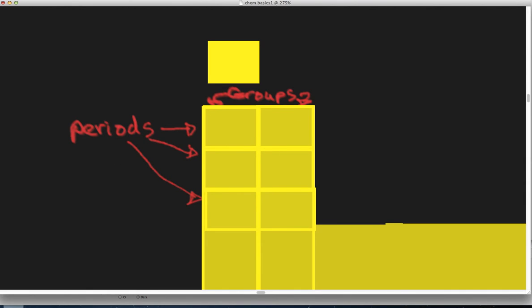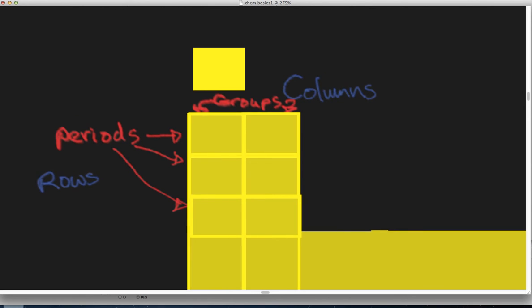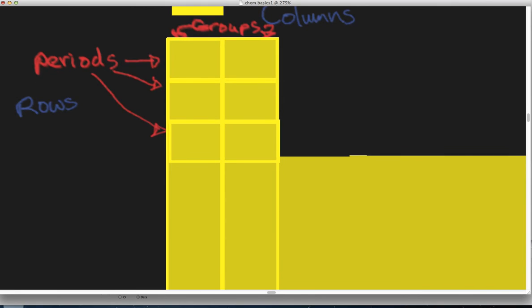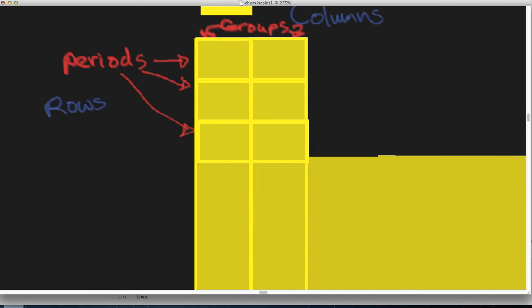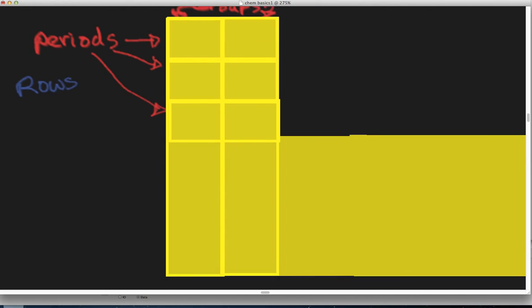and your groups are the columns. The columns, the groups, share similar properties. We'll go into this in more detail when we talk about the periodic table. But for instance, group 1 is the alkali metals, group 2 is alkaline earth.